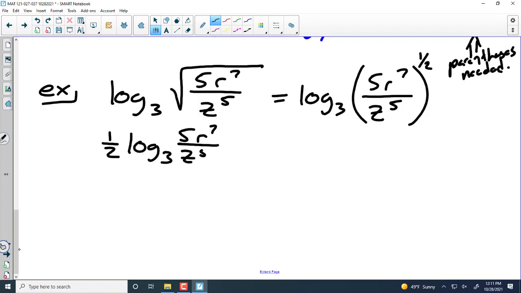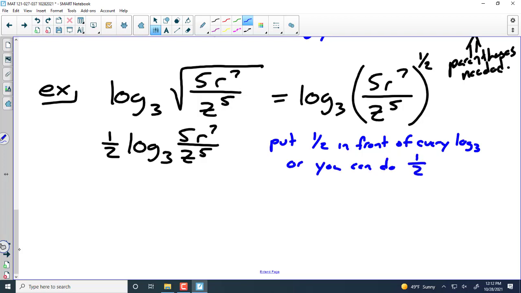When you break this up into several logarithms, you can put 1/2 in front of every log, or you can put a 1/2 in front of a big set of parentheses. You can do either one of those things. Everyone expand that one for me. You either need the 1/2 in front of everything with parentheses or in front of each individual one. Whichever one you think is easiest. I'll show you both answers so you can do it either way.